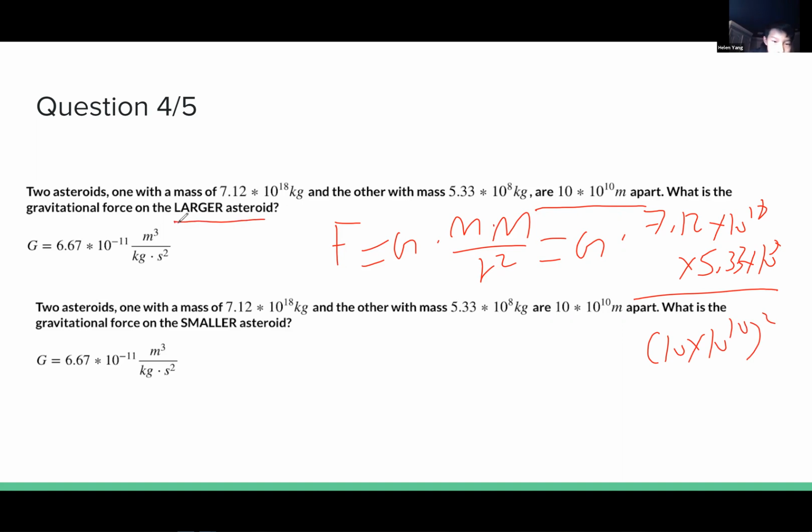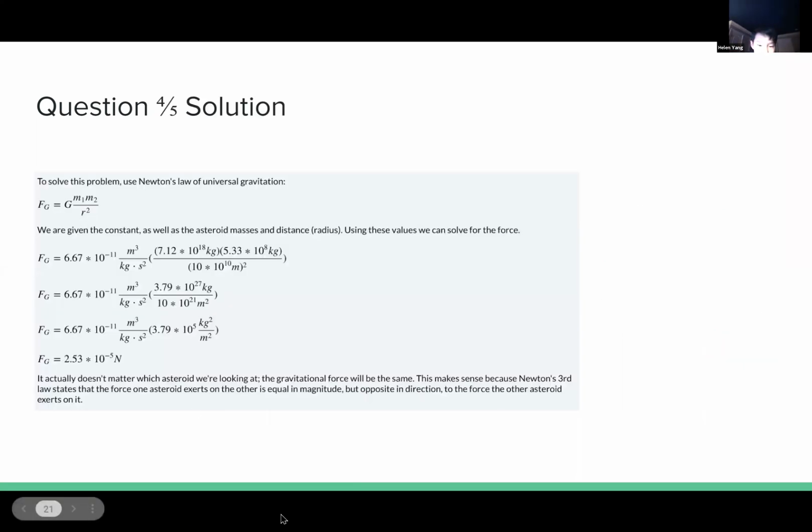And that's for the larger asteroid. For the smaller asteroid, it would still be the same since nothing's really changing. You would use the same equation and get the same answer. So here's the solution right here.